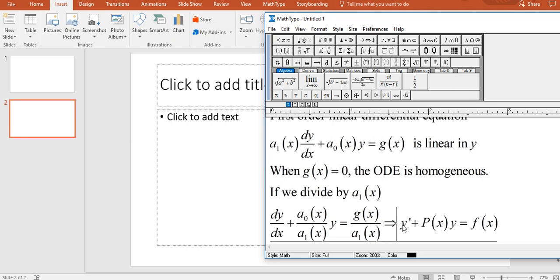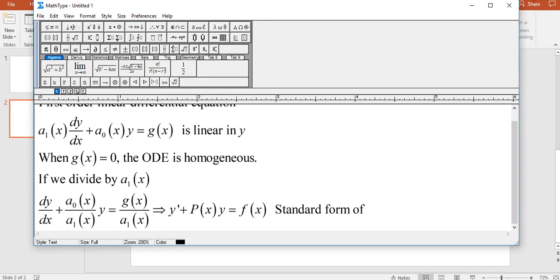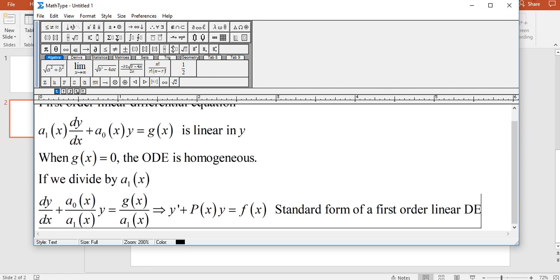And this thing here is now standard form. Okay, perfect.